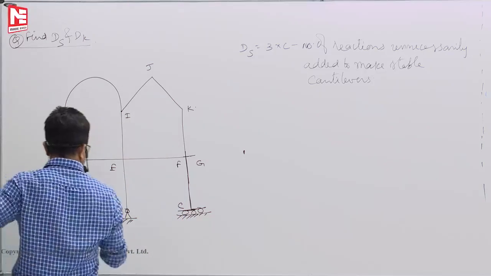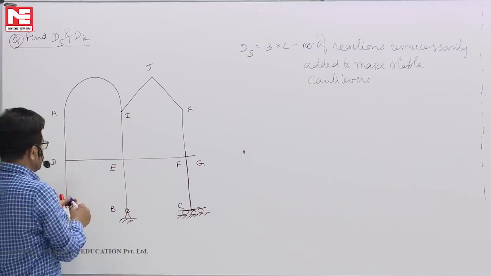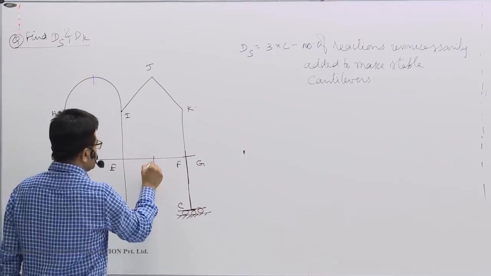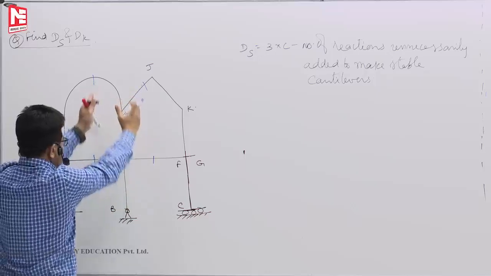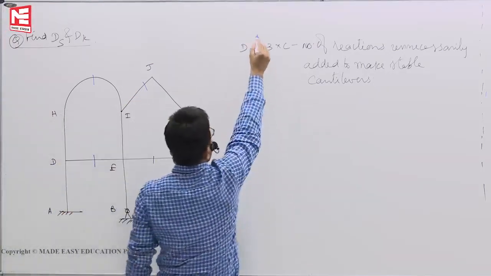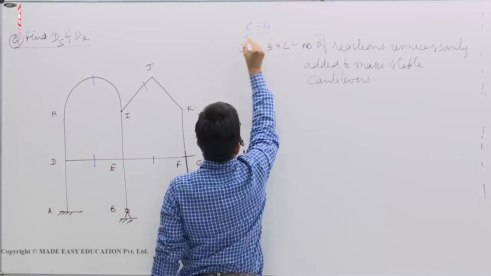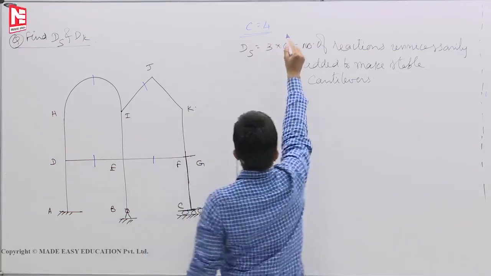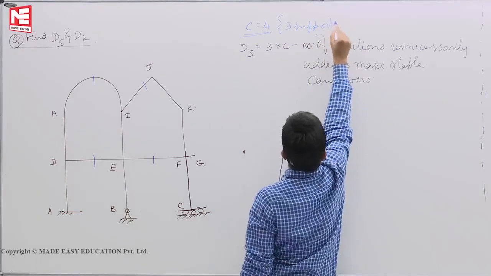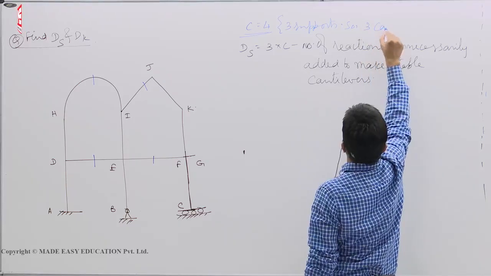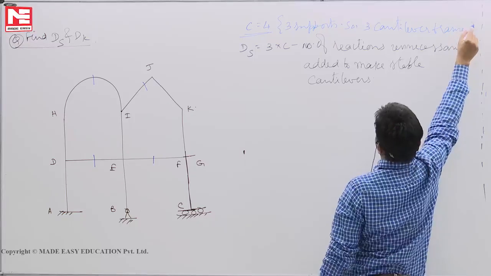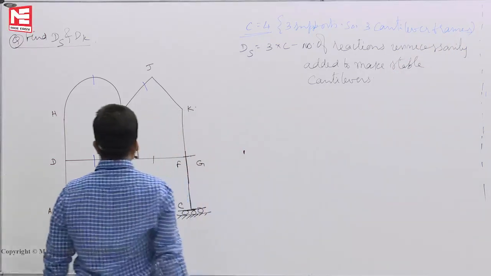Now you see, at B, how many cuts are required? You see, 1, 2. This cantilever is separate. 3, 4. This is the center when it comes out, separate. That's all. Number of cuts are 4. 3 supports, so 3 cantilevers. Okay, number of cuts are 4.